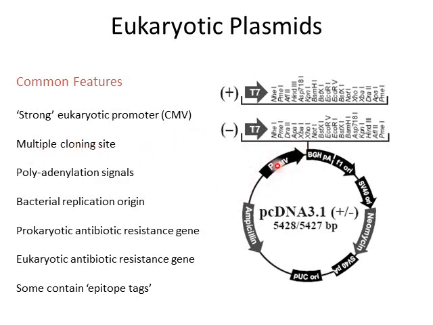Just upstream of that, you'll see this PCMV. So this is a promoter region of the eukaryotic expression plasmid. It's a strong eukaryotic promoter. It's actually a promoter from the cytomegalovirus.